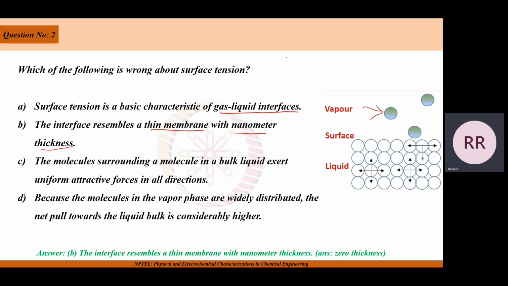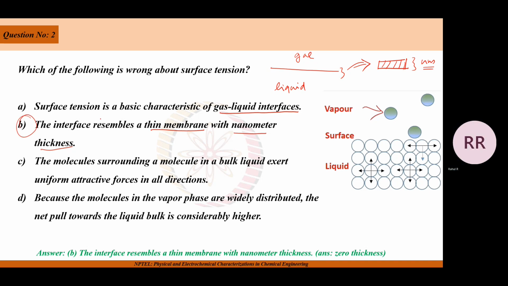So we have an interface. Here it's gas, here it's liquid. It is said that when we zoom in on this membrane, if we get a block, the thickness of this block is said to be in nanometer. This is what is stated in option B. But the correct answer is that this thickness almost tends to zero.